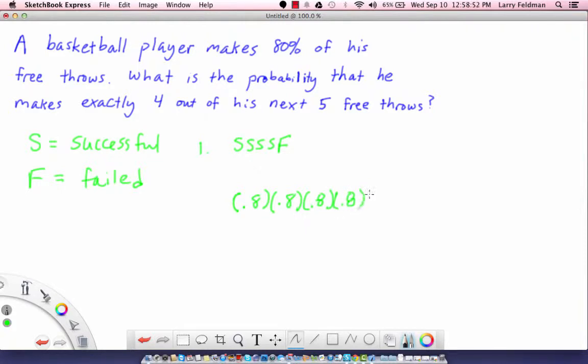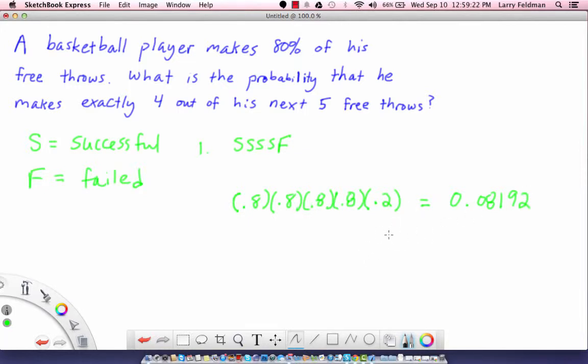Now the probability of missing must be 20%. In other words, if he has an 80% chance of being successful, he must have a 20% chance of failing. Now, if we multiply all these values out, we get roughly 0.08192.